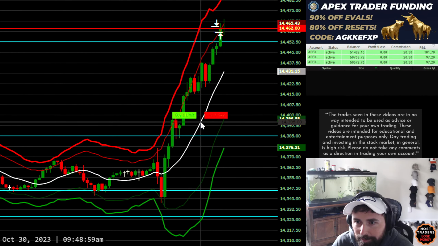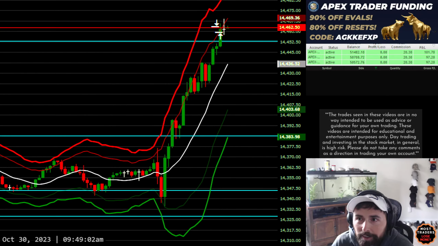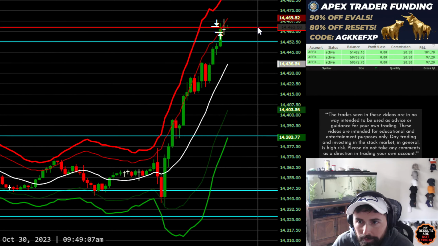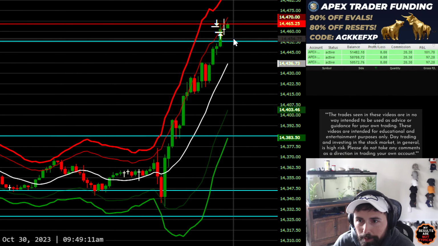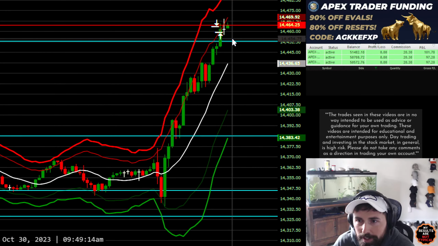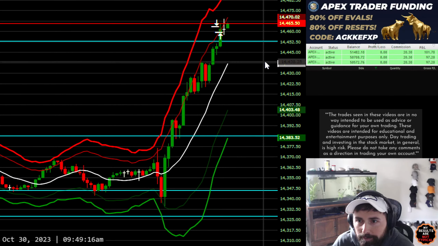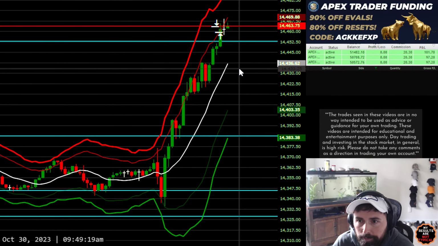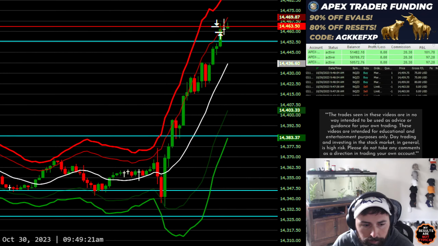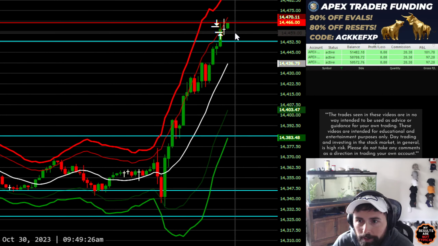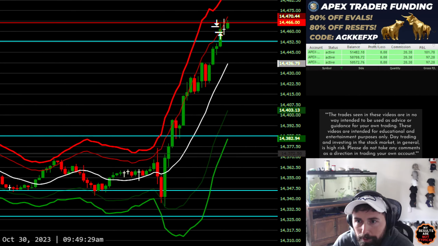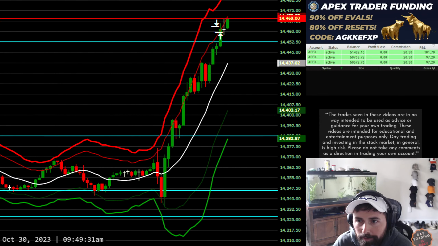Took it off. I don't mind that at all. So far, good choice. It just didn't want to give us the fill. I was thinking about putting it down here towards that previous resistance again. I actually thought I had it higher than it needed to be, but it was a pretty good move up through, so I didn't need that whole move, but pretty strong.